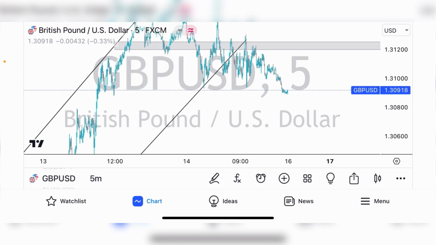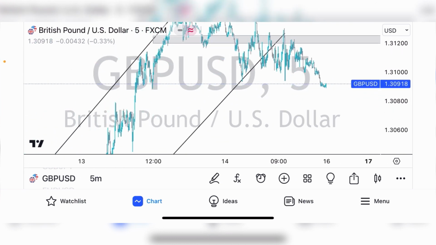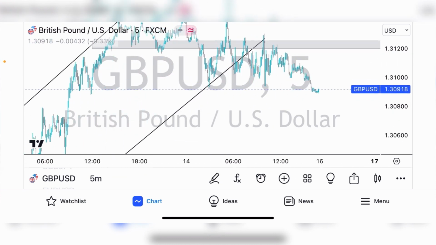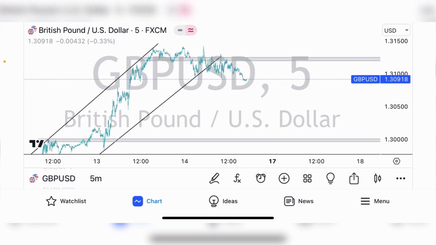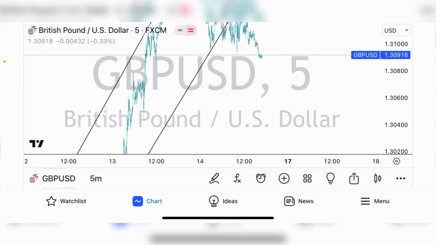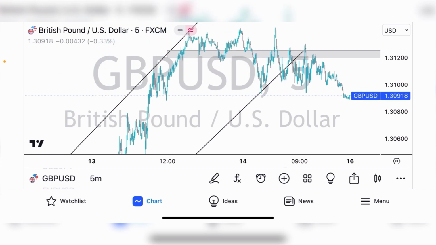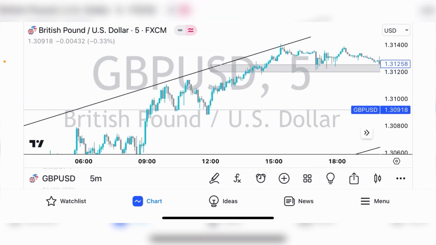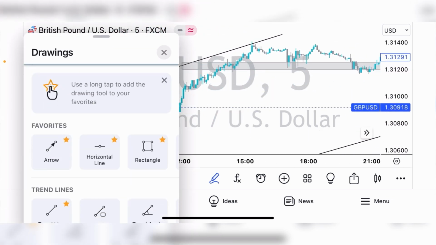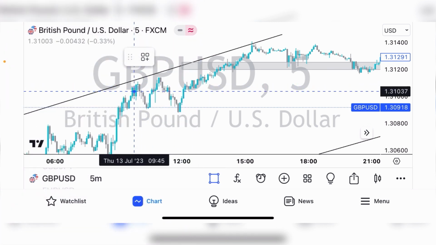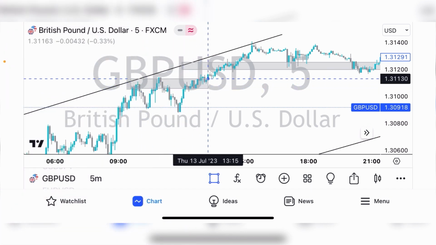But then this is how I view this. This is how I view GBPUSD for next week. Next week we are actually going to be selling this GBPUSD. I see sell some GBPUSD.